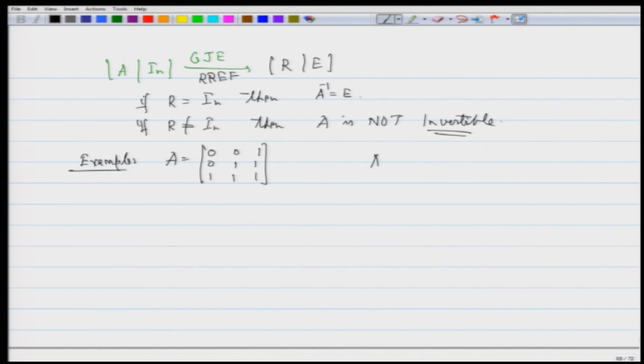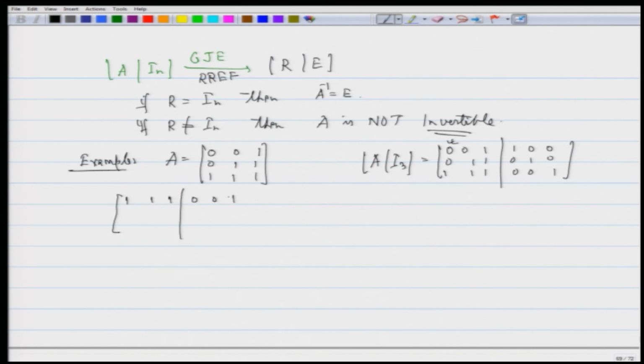So, we write A and I3, which is nothing but 0 0 1 0 1 1 1 1 1 | 1 0 0 0 1 0 0 0 1. Fine. I want this to be the pivot for me. So, I have to interchange these two. I am not going to write that part. So, let me write one after the other. I want to make this as the first row 1 1 1 0 0 1.